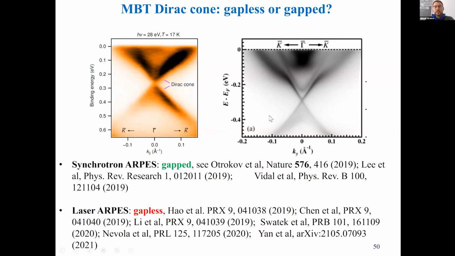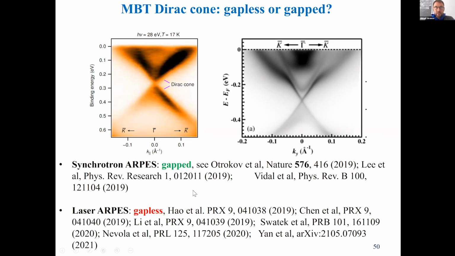But then people have found that laser ARPES works, in a sense, better for manganese bismuth telluride, because you can see that the quality of the dispersion map or intensity map is clearly superior, but at the same time, and to a large surprise, the Dirac point gap looks absent or strongly suppressed, as it is reported here.